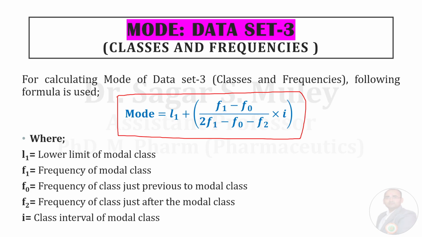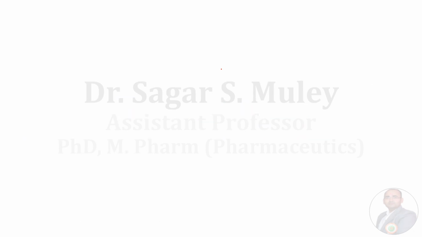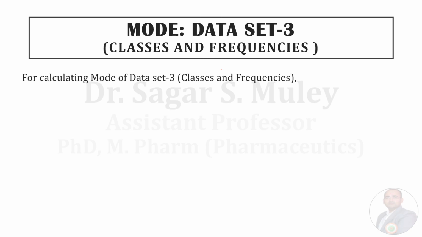In this formula, L1 is the lower limit of the modal class, F1 is the frequency of the modal class, F0 is the frequency of the class just previous to the modal class, F2 is the frequency of the class just after the modal class, and I is the class interval of the modal class. We will see details step by step for calculating the mode when classes and frequencies are given.